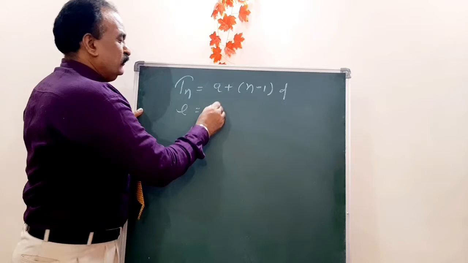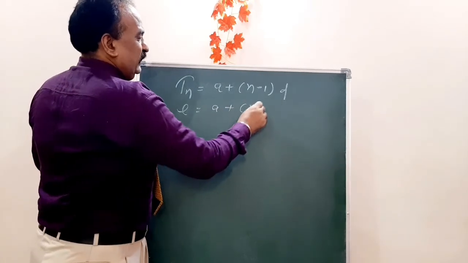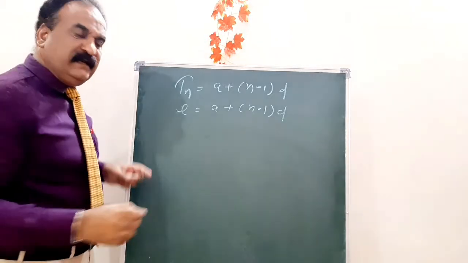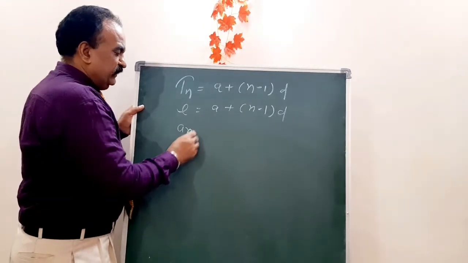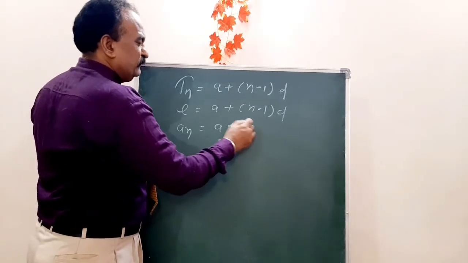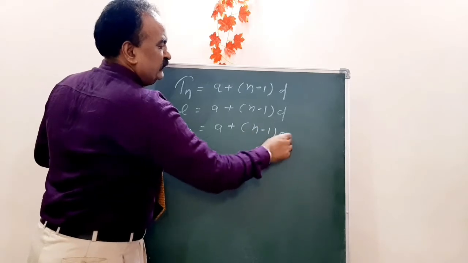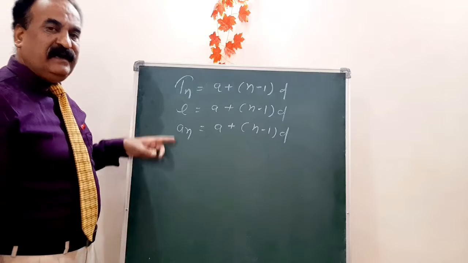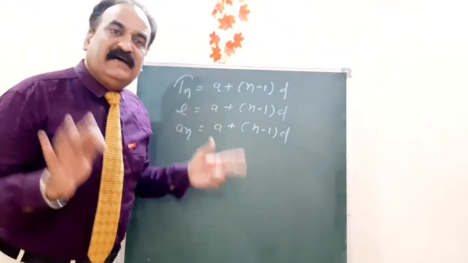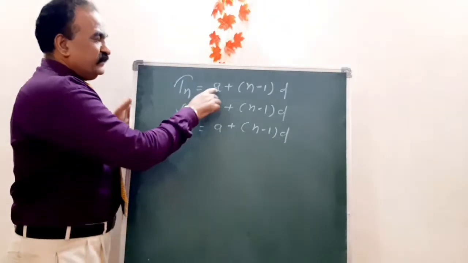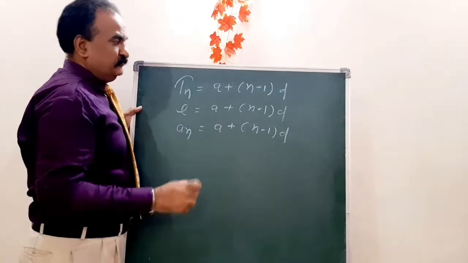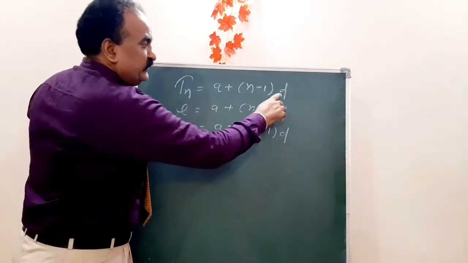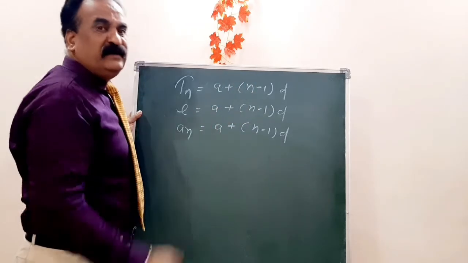L is equal to A plus n minus 1 into d. Tn or L is called the last term, and A is called the first term. n is called the number of terms, and D is called the common difference.